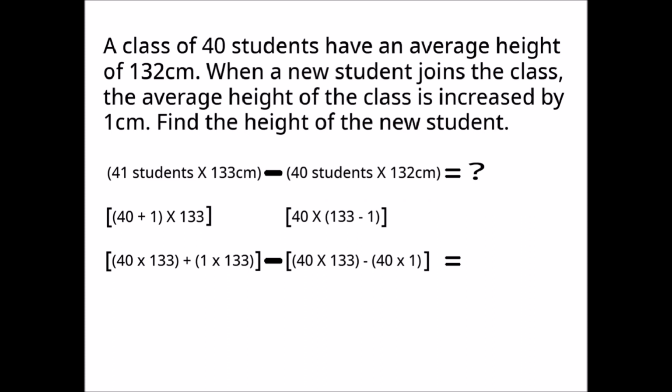Notice that both left and right expressions have 40 multiply 133, with the minus sign between them. We can cancel out both of them. That would leave us with 1 multiply 133 minus 40 multiply 1.